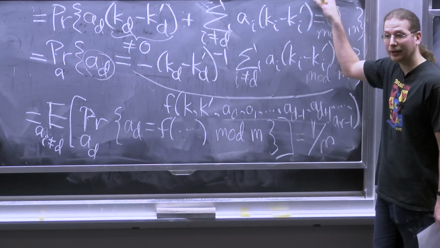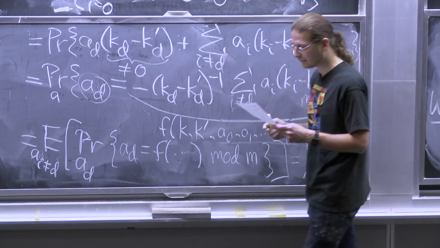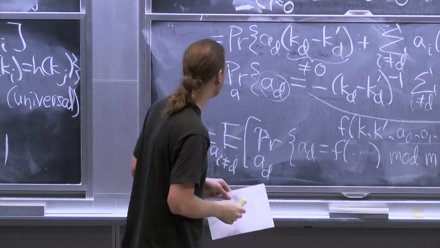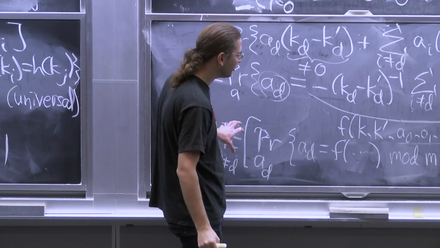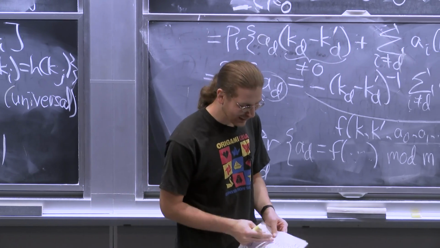And that's universality. So in this case, we get exactly 1 over m, not less than or equal to. Sorry, I should have written it's the expectation of 1 over m, but that's 1 over m, because 1 over m has no random parts in it.